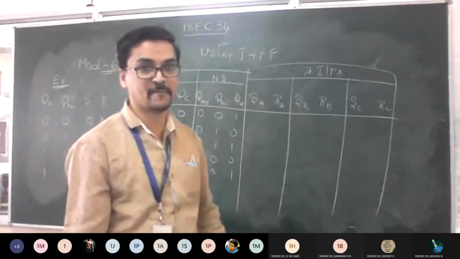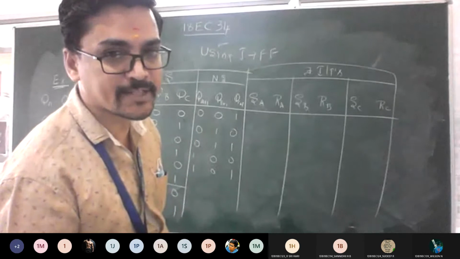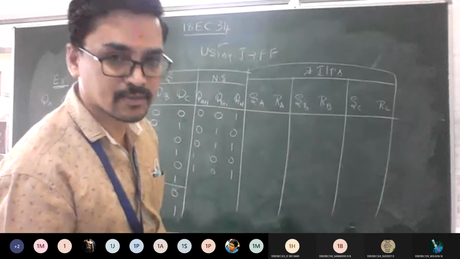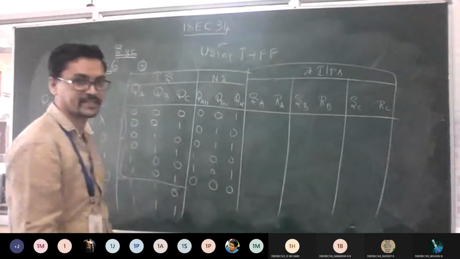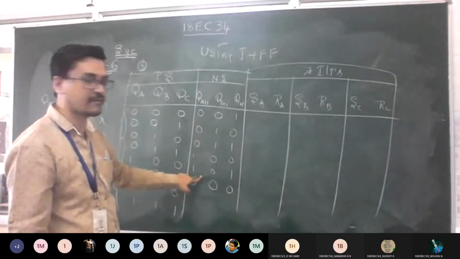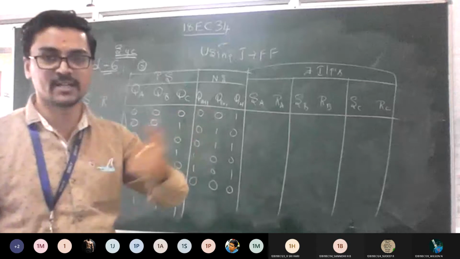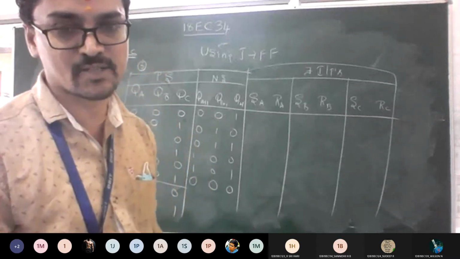What is the next state for 5? What should you get? 0. Good. So it comes back to the normal state. See, this is a mistake you will commit. Be careful. You can count only till 5. After 5, if you keep proceeding, it loops back to the original position or initial condition 0, 0.